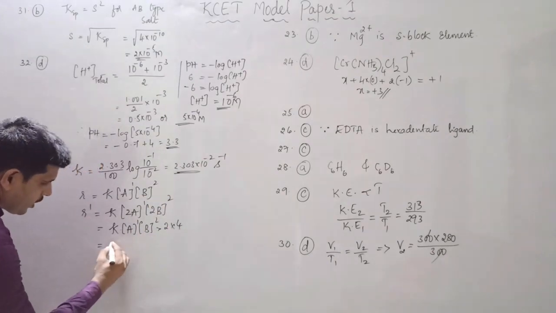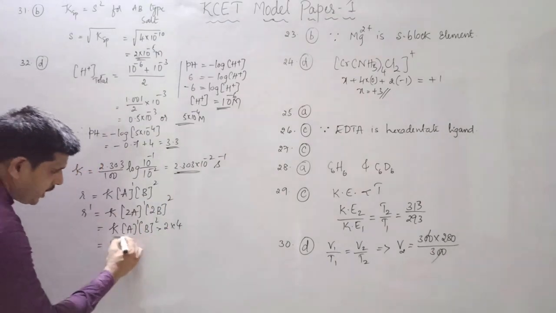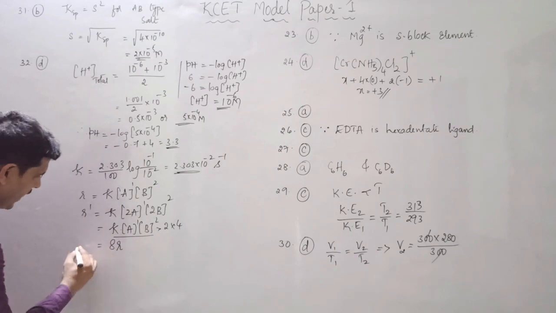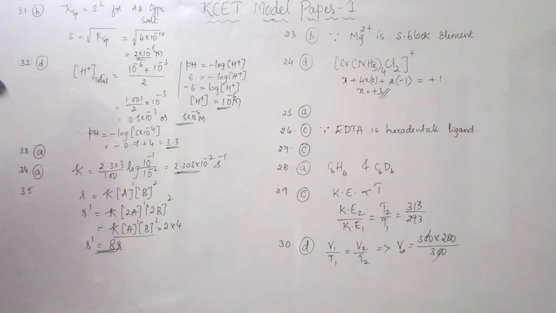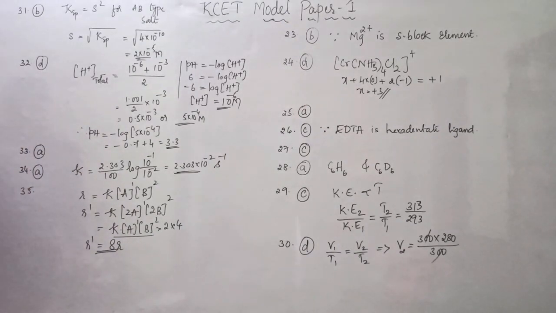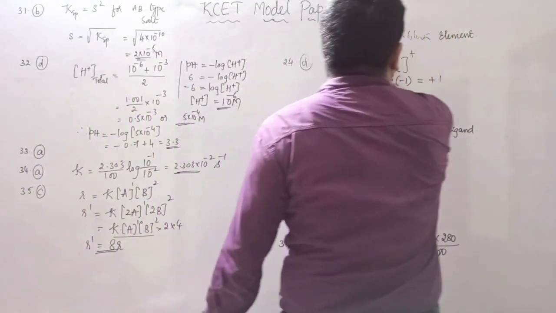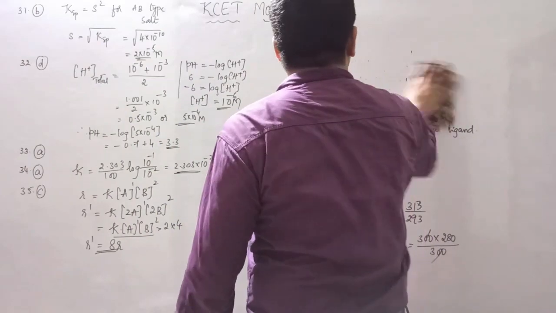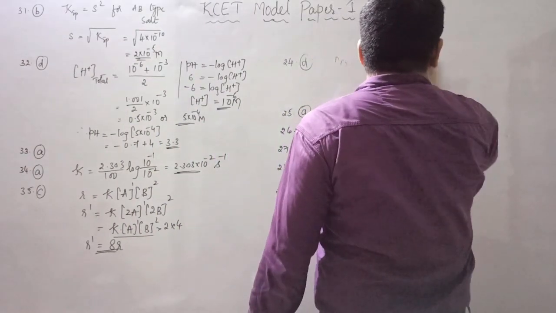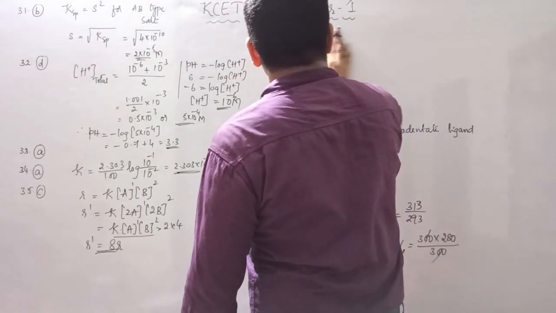So this is going to be 8 times, and the remaining is R. So your R dash is 8 times the R. Option C is the right choice. Done? Yes. Moving ahead to the next set of questions. I have completed 35 questions.